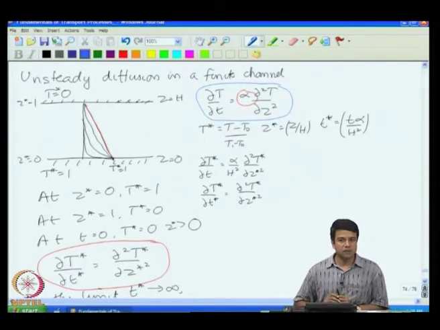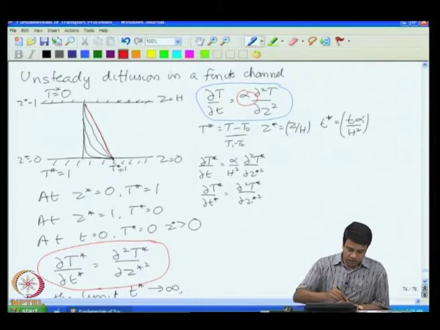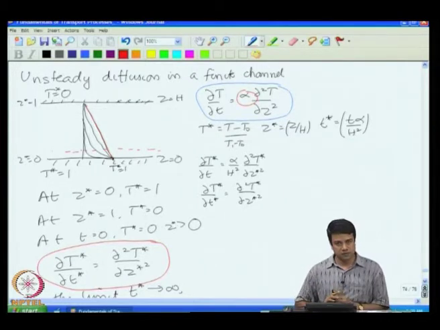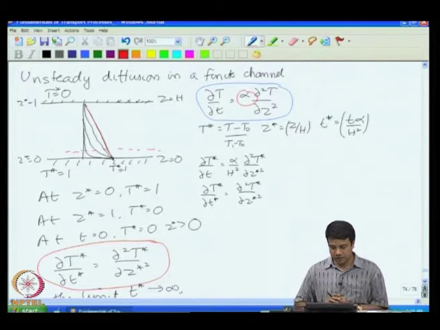When t is small compared to h square by alpha, the diffusion does not progress very far. Because of that, it is confined to a thin boundary layer, a penetration layer near the surface, of depth equal to square root of alpha t. So, t star gives me some indication of the time over which diffusion would take place.